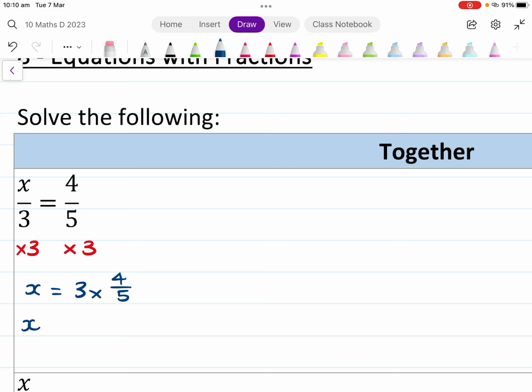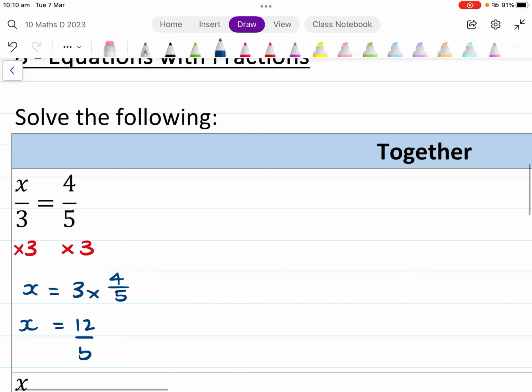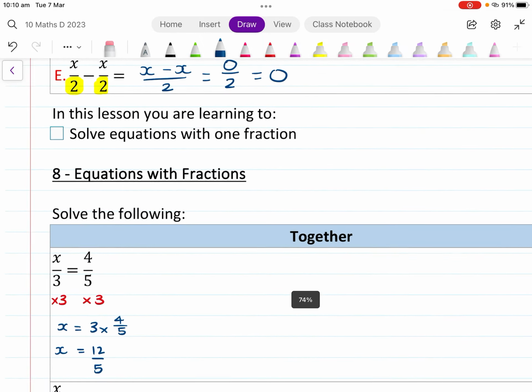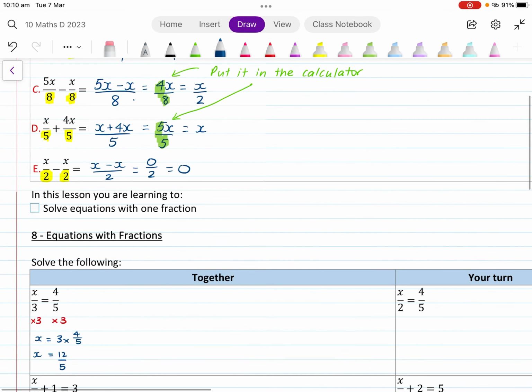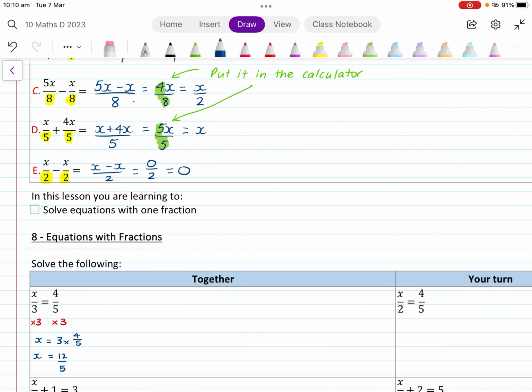Now we can put 3 times 4 over 5 into our calculator to find out what that equals. So 3 times 4 over 5 is equal to 12 over 5. Okay, I want you to copy that down and pause the video and have a go at the your turn question of x on 2 equals 4 over 5.